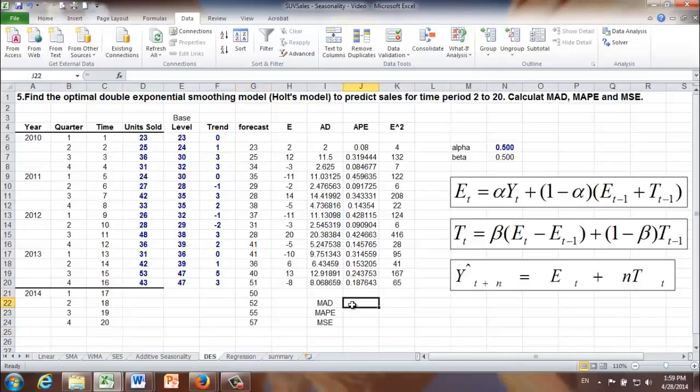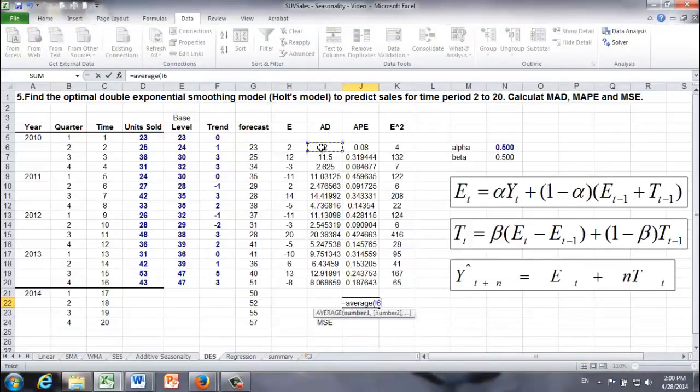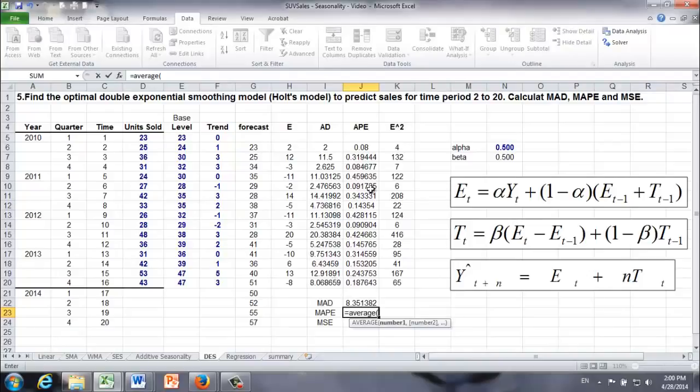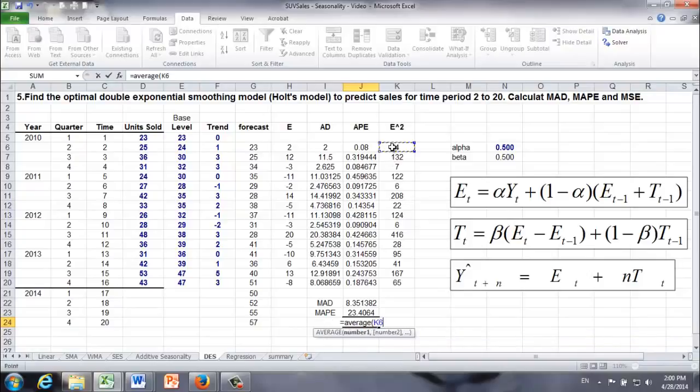Next, let's finish MAD, MAPE, and MSE. Like we've been doing so many times, MAD is the average of all those ADs. MAPE is the average of all the APEs times 100, and MSE is the average of all the squared forecast errors.